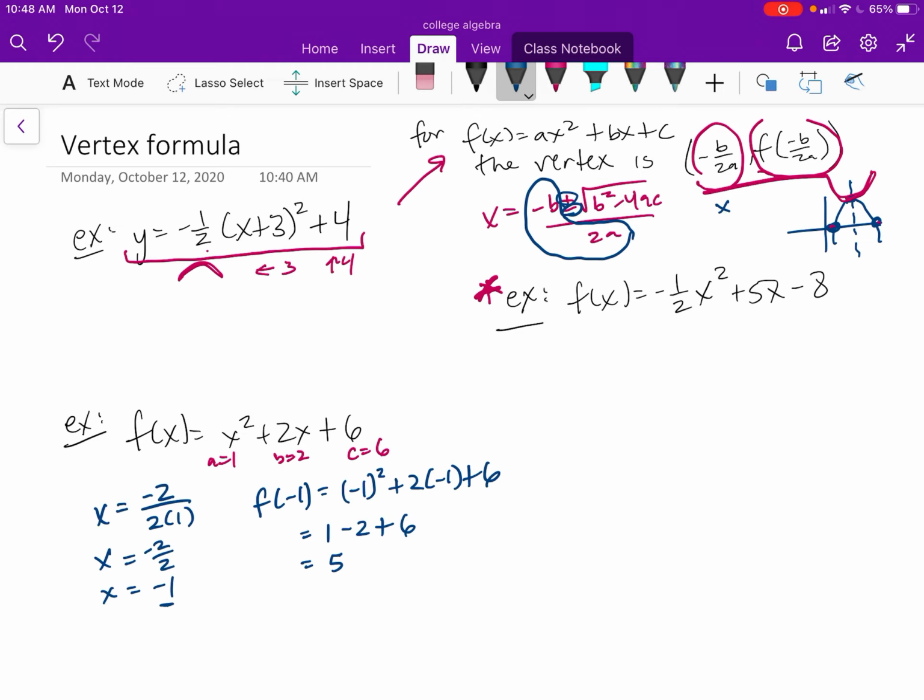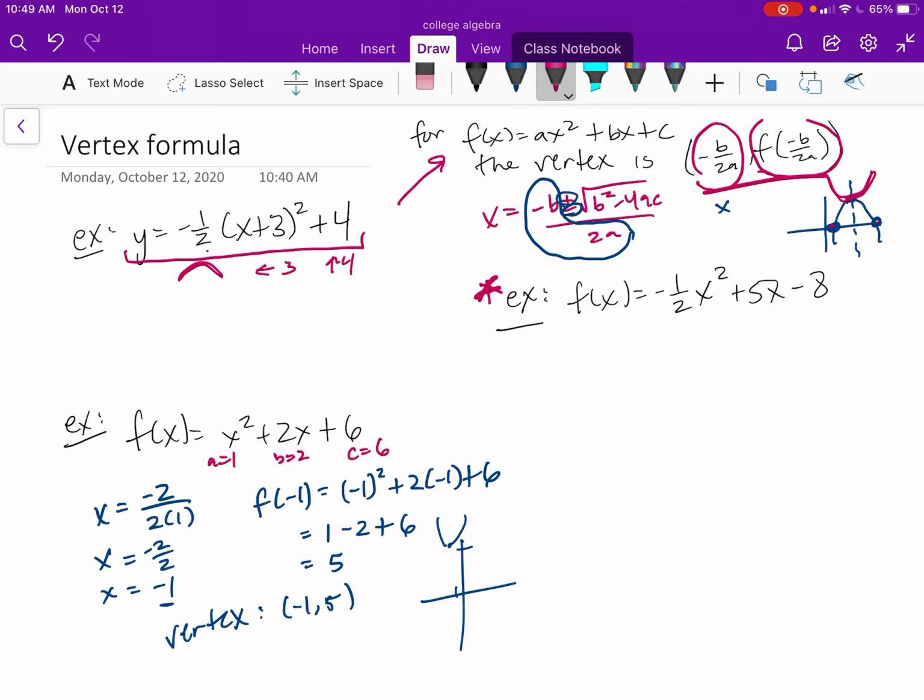So therefore, the vertex is negative 1, 5. And therefore, without completing the square and finding the shift in the transformation, I know it was shifted left 1, up 5. Now, this function opens up, right? So without more formulas, we could kind of picture negative 1, 5 opens up.